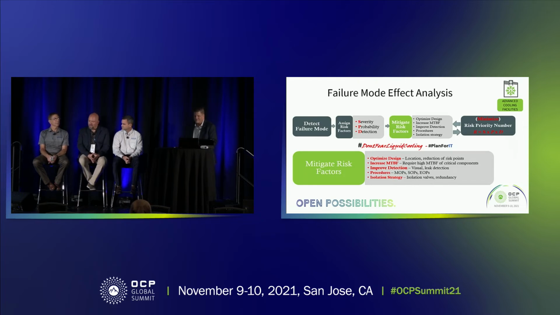So FMEA is a detailed, or I should say a methodical way of looking at and putting your risks down in lists, with different parameters that you're listing for maybe different classifications of types of errors that you could have, and looking at them with some science, and saying, what is the effect, for example, of having a leak in a different area of the data center, right?